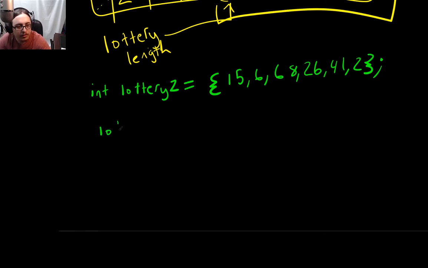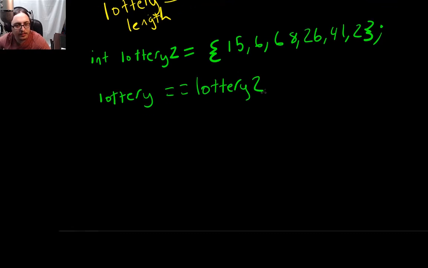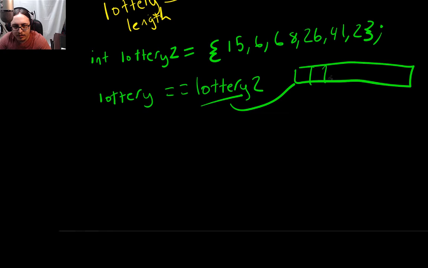So if we said lottery equals lottery2, values are the same, right? It should equate to the same value. Well, it won't. Because lottery2, while it has the same values, is pointing to a different memory address, right?